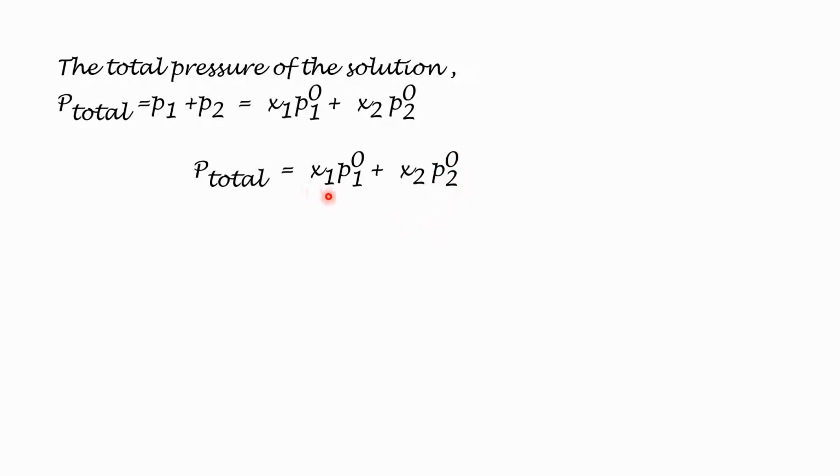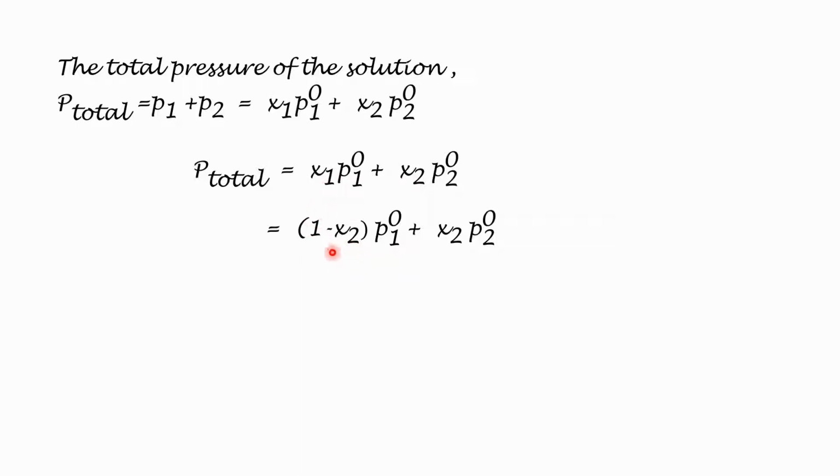We know x1 plus x2, that is the sum of the mole fractions, is always equal to 1. We can replace x1 with 1 minus x2, or you can replace x2 with 1 minus x1, and you can have different forms of the equation. You need to study this equation, and whenever the situation comes, you can change x1 or x2. We can see one substitution. Here x1 is substituted by 1 minus x2.